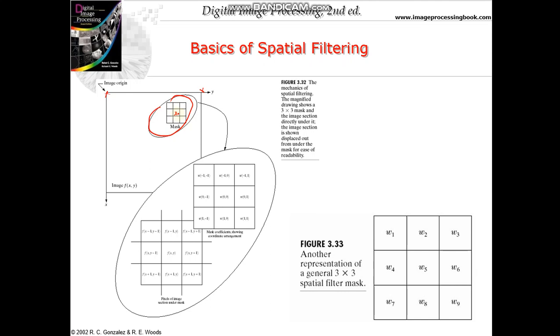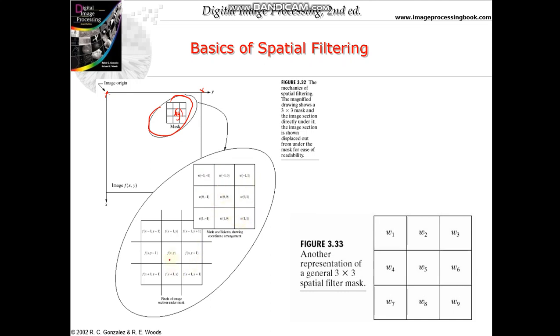Here is xy. So here are our window or kernel coordinates, w of 0 0, and all the 8 neighbors are marked here. This is w of minus 1 minus 1 and this is w of 1 1.